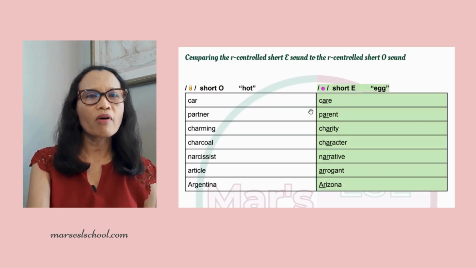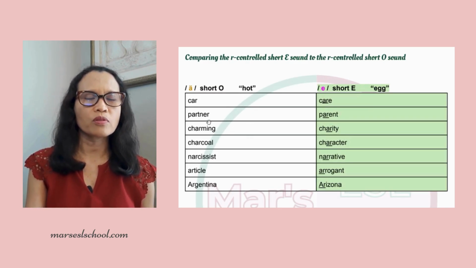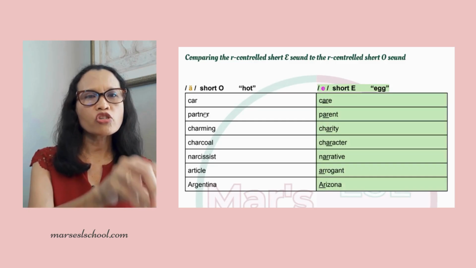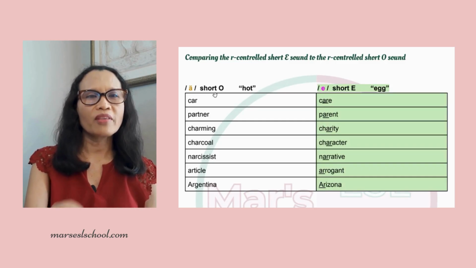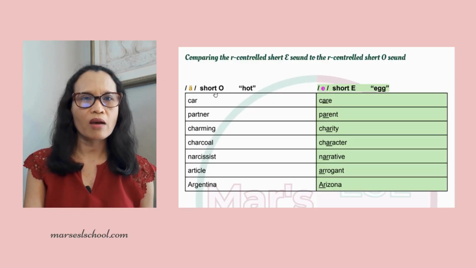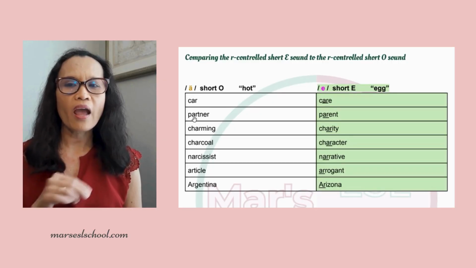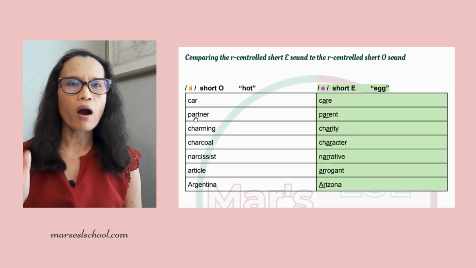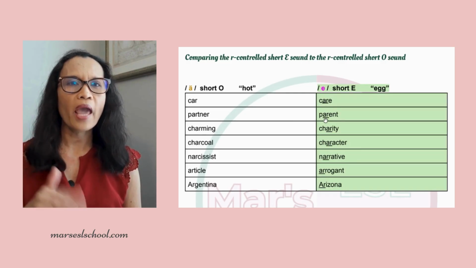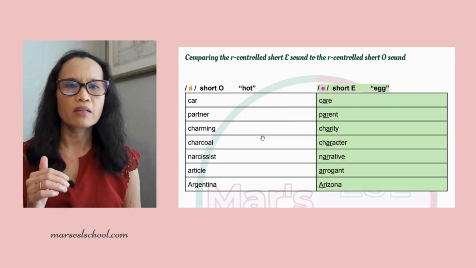Now let's move on and look at the rest of our examples. Let's compare the R-controlled short E sound to the R-controlled short O sound. We have P-A-R in par, partner. Also similar spelling with P-A-R in parent.